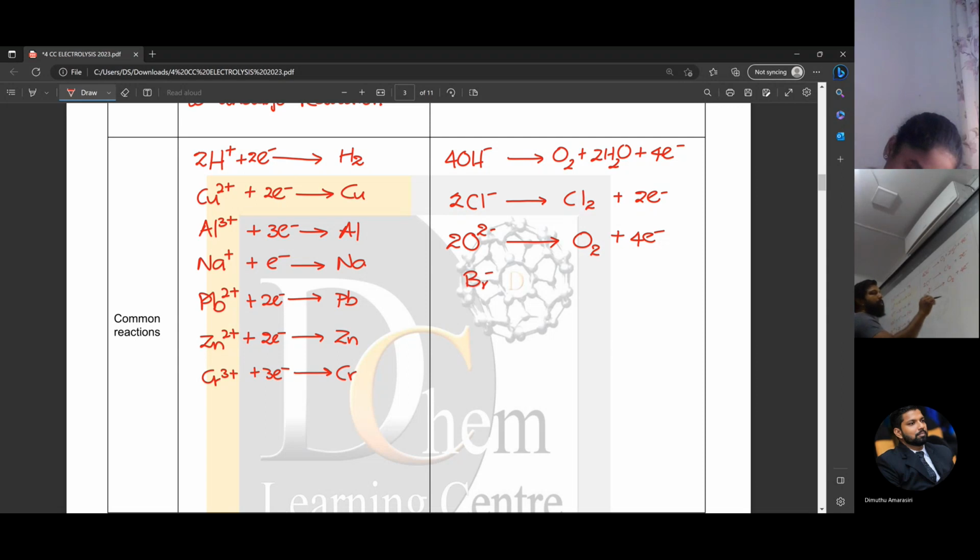What are the other common ones? Br minus becoming Br2. 2 Br minus to Br2, 2 electrons. I minus becoming what? I2. 2 I minus, putting 2 electrons out.